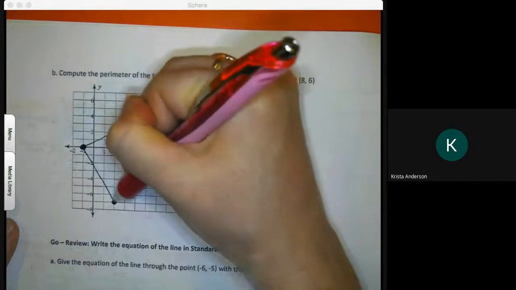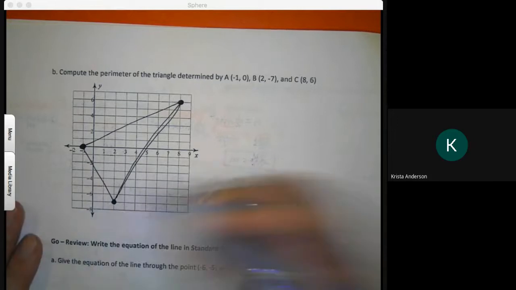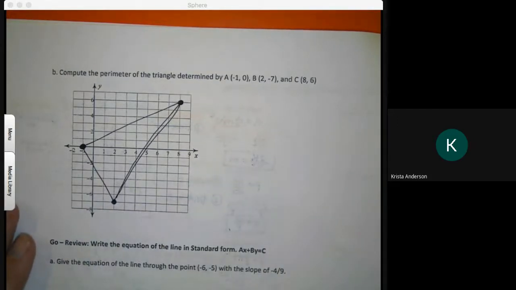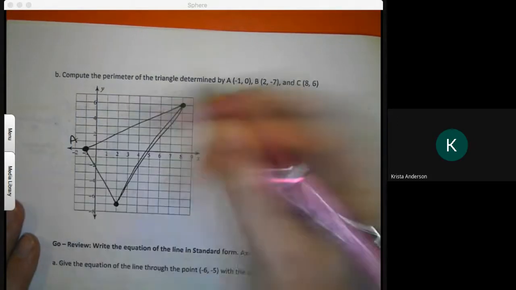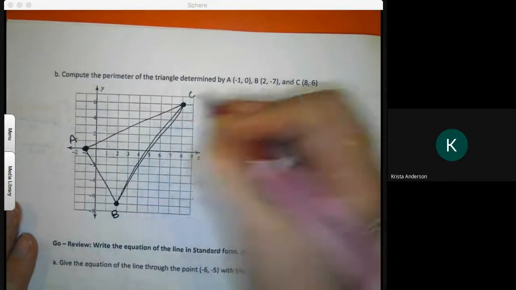Oops, that's not very straight. When I compute the sides, I guess they have letters. A, this was B, and this was C.